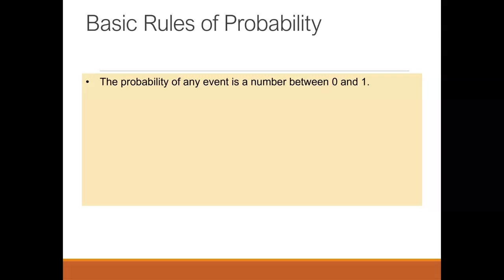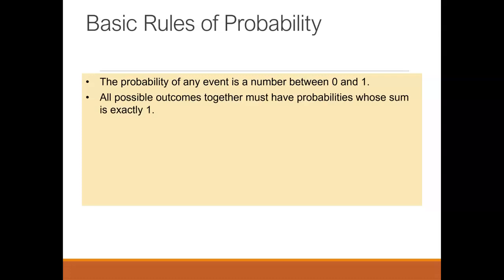The probability of any event is going to be some number between 0 and 1, i.e. some percentage between 0 and 100. Can't have negative probability. Can't have probability greater than 1. All possible outcomes together, those probabilities have to equal exactly 1.